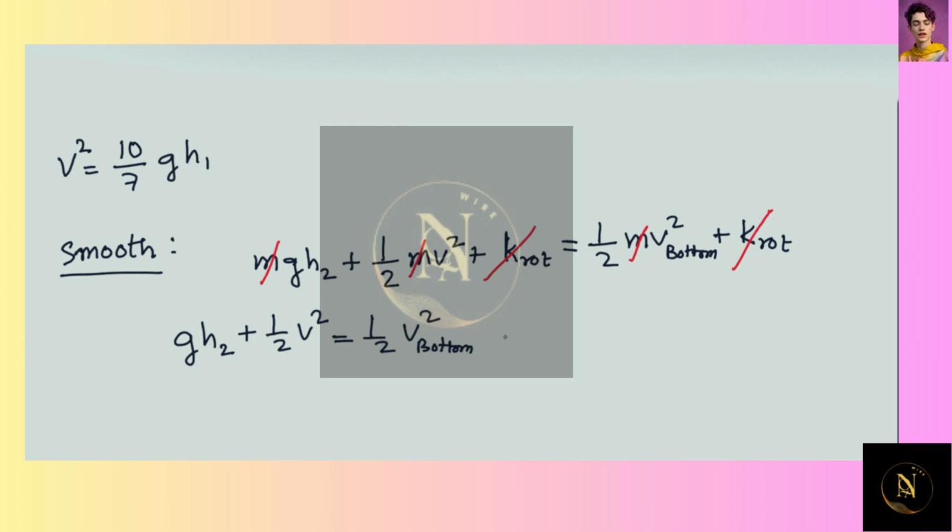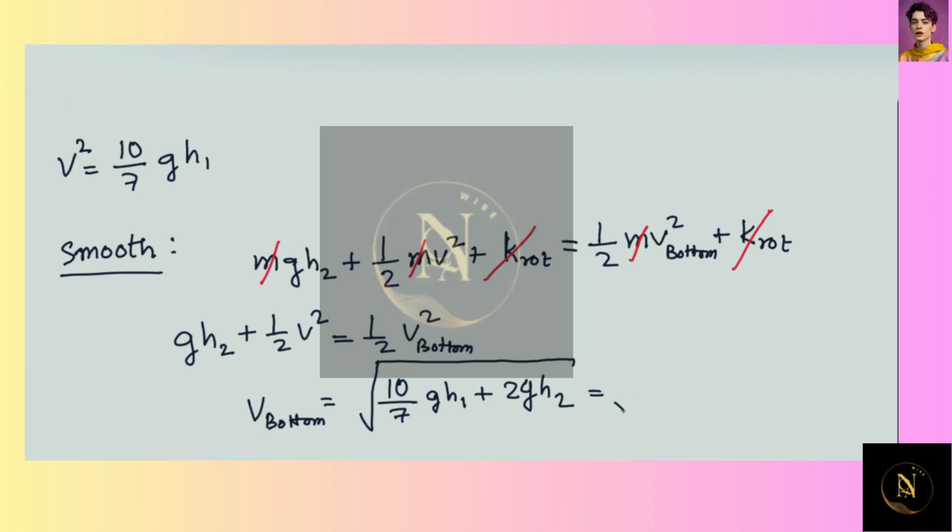If we do so, v bottom is equal to the square root of 10 by 7 gh1 plus 2 gh2.